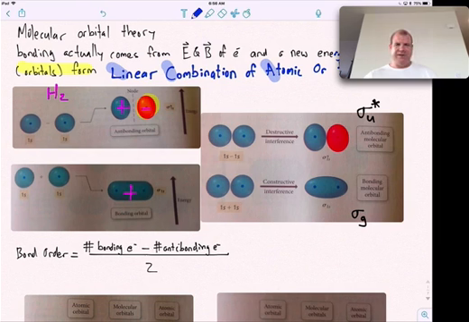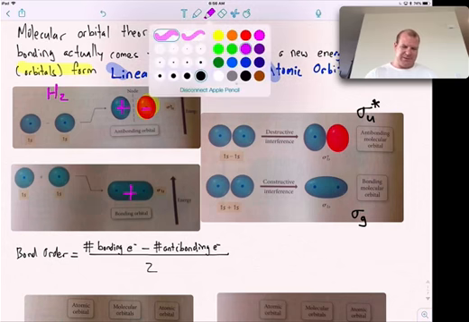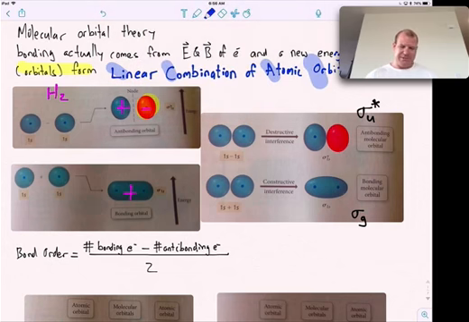It's called LCAO, linear combination of atomic orbitals. Now, this may seem really funky, but this is how it mostly works.